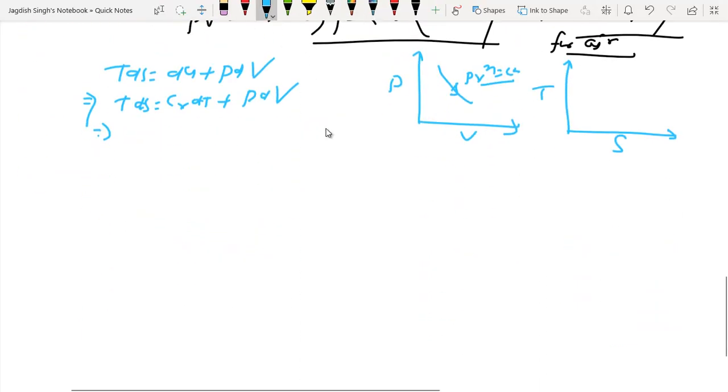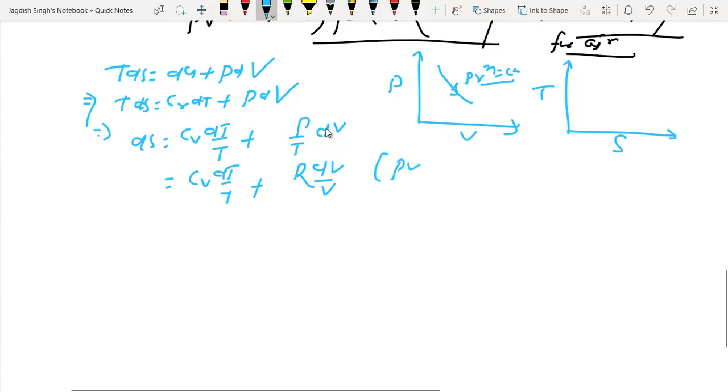This implies dS is equal to Cv dT by T plus P by T dV, and this P by T dV is equal to R dV by V, because PV is equal to RT. This is equal to dS. We have to integrate this one.